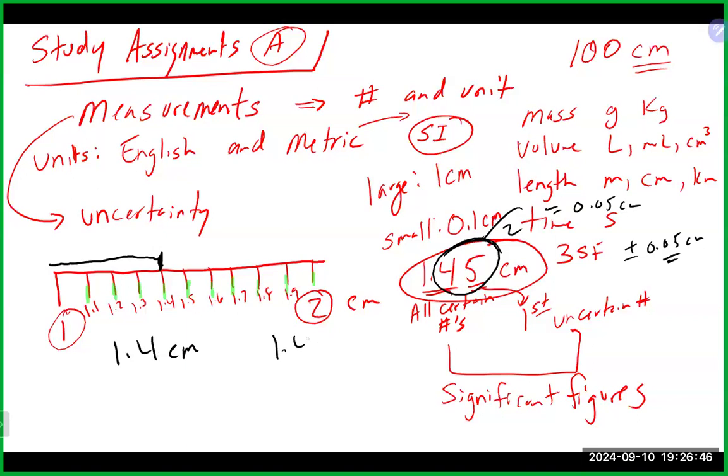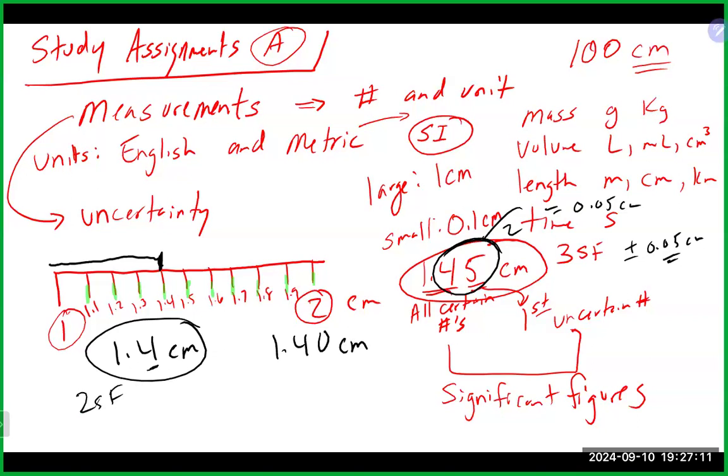I record 1.40 centimeters. Is there a difference in how I record those numbers? Does it make a difference? If you're not sure, let me explain what the difference is. Let's start with what we do know. This one right here has how many significant figures? It does have 2 significant figures. The uncertain number there is the 4.